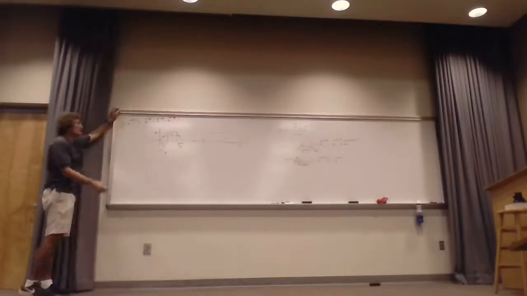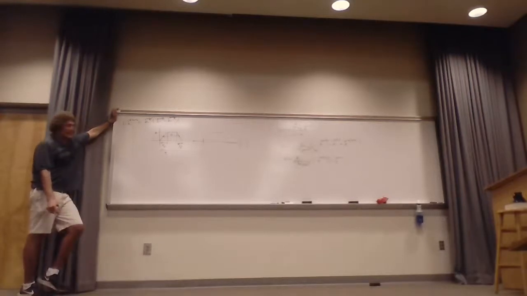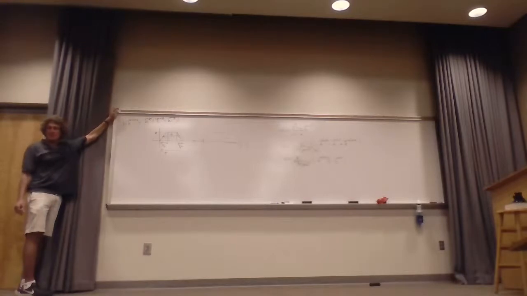Follow me, I just factored out an e to the minus j omega naught tau rise over 2, correct? Yeah. A lot of people don't see this very often, but you'll see the beauty of it.